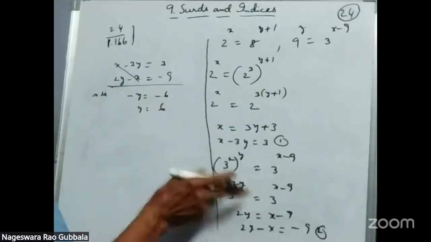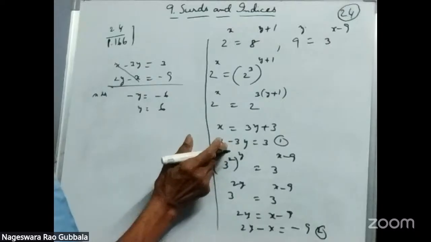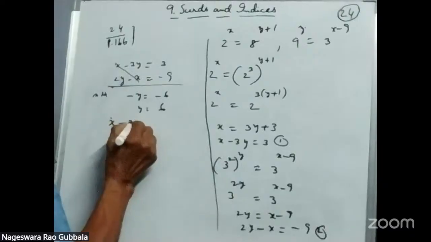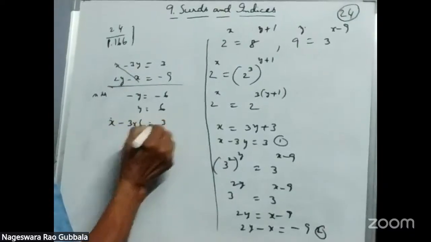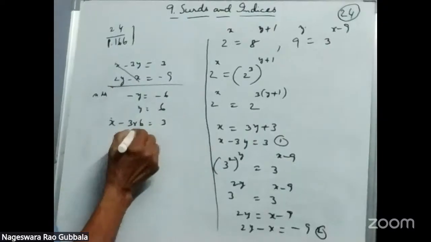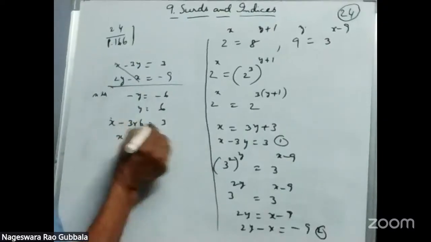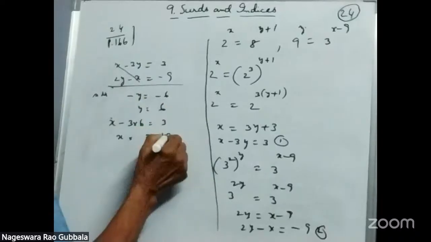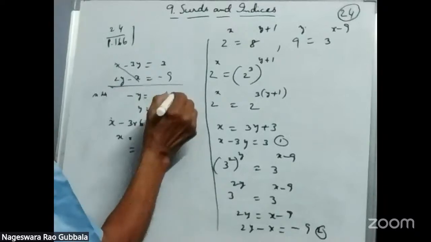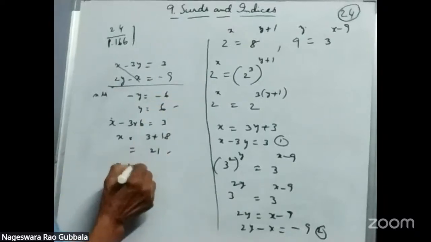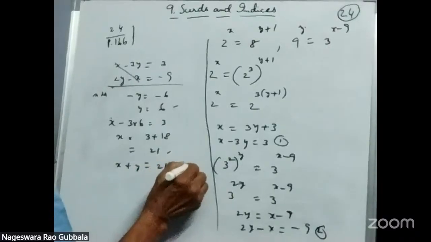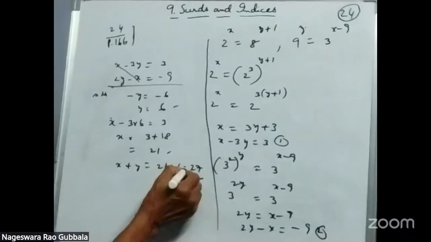Substitute in any one of these two. x minus 3 into 6, 3y, is equal to 3. x is equal to 3 plus 18 on the other side, that is 21. x is 21 and y is 6. He is asking x plus y, that is 21 plus 6, 27. Answer.